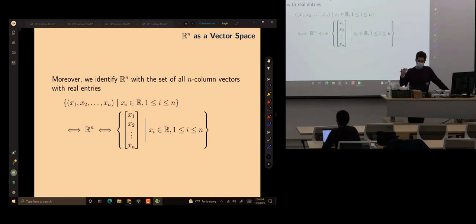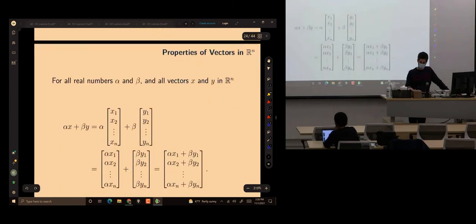So we continued a lot on vector spaces. We started working with Rn, the set of all n-vectors such that every entry is a real number. This was our vector space, Rn.